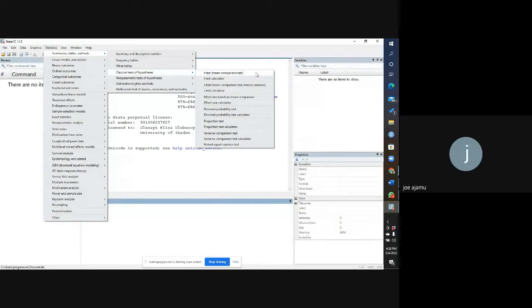Sorry, why is it that both the Z test and the T test will be the same? Because of the large sample property of the normal. If you have a large sample, there is what we call asymptotic property. So if you have a large sample, the t-test will approximate to normal.